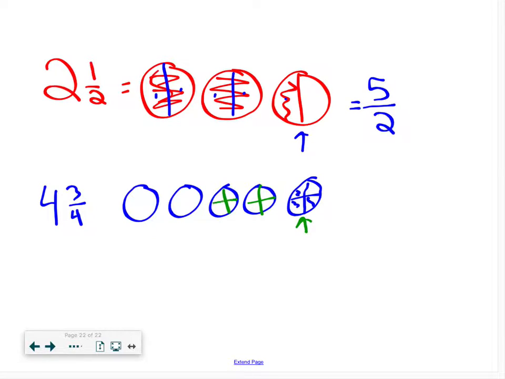So realistically, I have 4/4, 4/4, 4/4, 4/4, and then I have 3/4, and I'm adding it all together. 4, 8, 12, 16, 17, 18, 19 fourths, and I can check. 1, 2, 3, 4, 5, 6, 7, 8, 9, 10, 11, 12, 13, 14, 15, 16, 17, 18, 19. And I have 19 fourths.